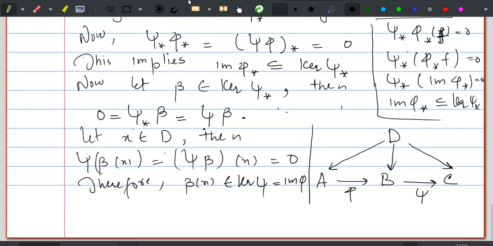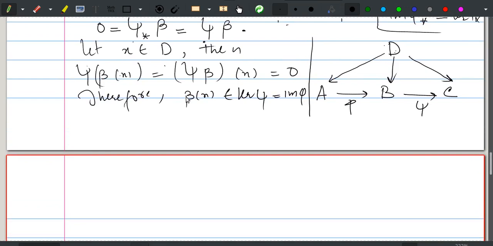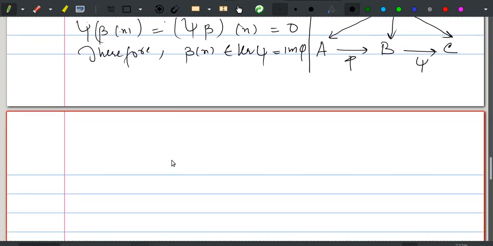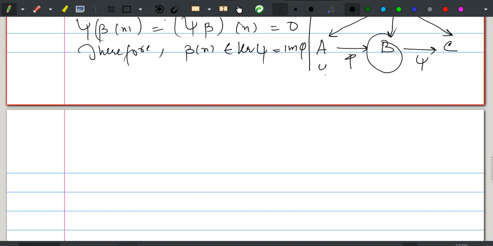Now this is the crucial point here. If beta x is in image of phi, where image of phi is in B, then there is some element, say y in A, such that phi of y is beta of x.